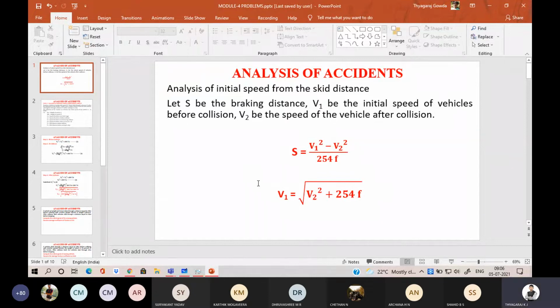Kindly inform me when it is completed so that we will go for the next slide. That is the actual analysis, the type 1 accident, that is when the moving vehicle collides with the parked vehicle.